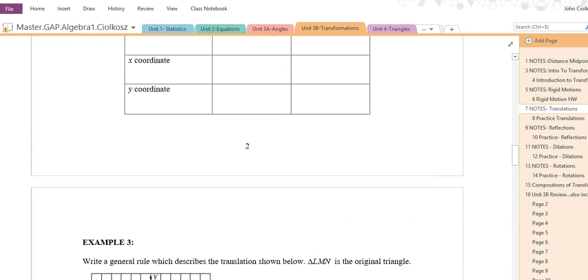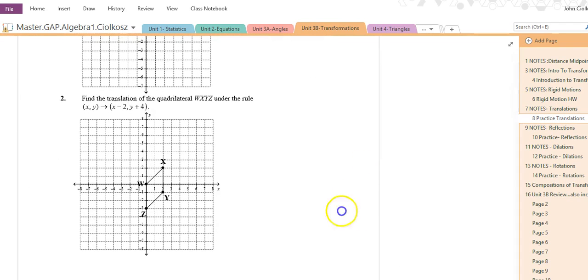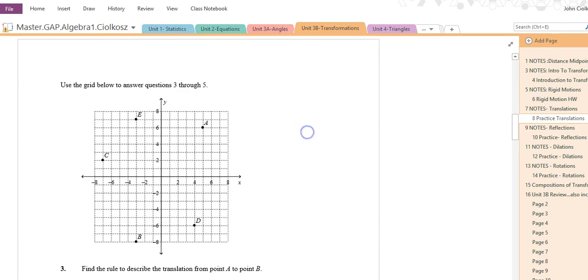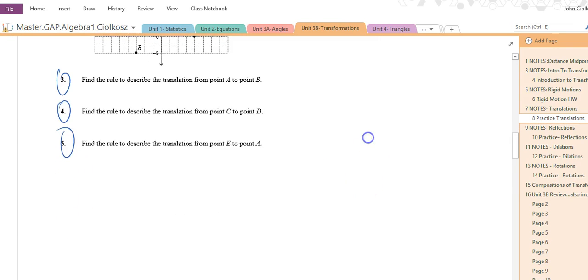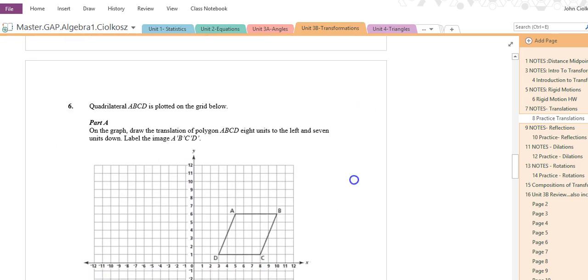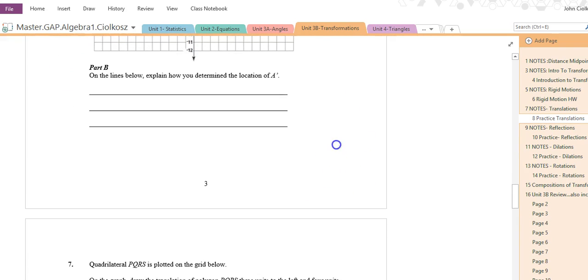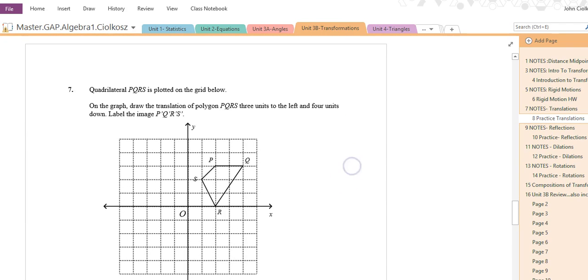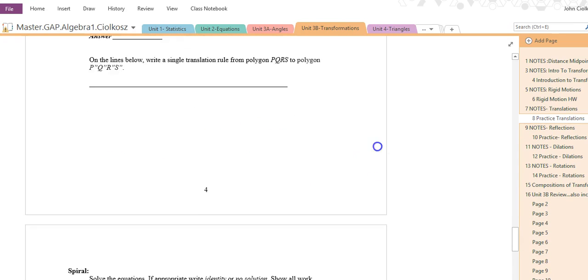What I want you guys to go ahead and do now is jump onto 8. And let's do numbers 2, 3, 4, and 5, 6, don't worry about that, 7, yeah, let's go ahead and do it, but chances are you already would have done it.